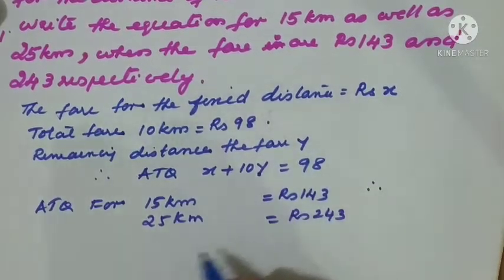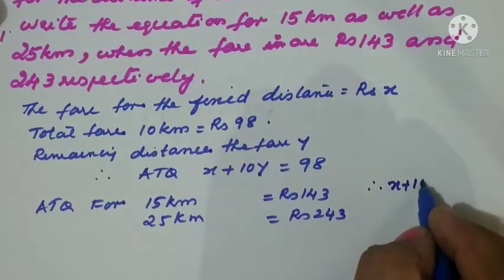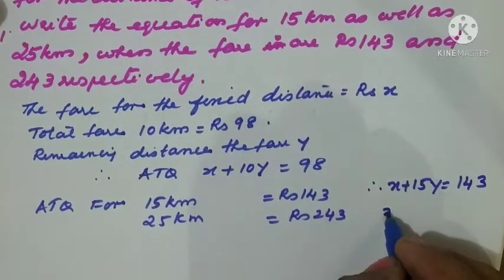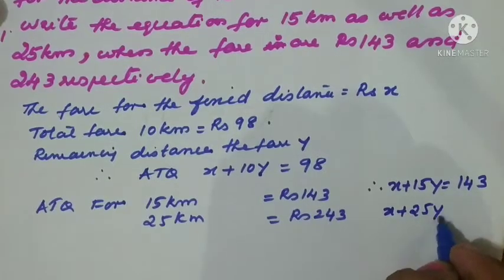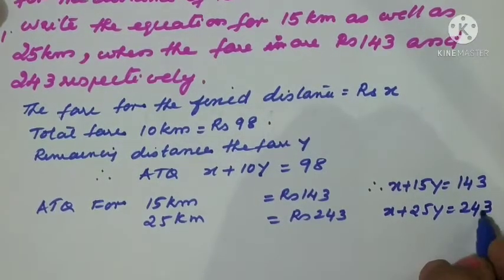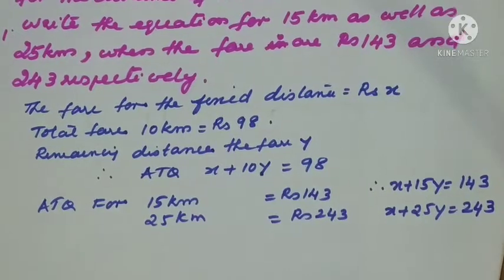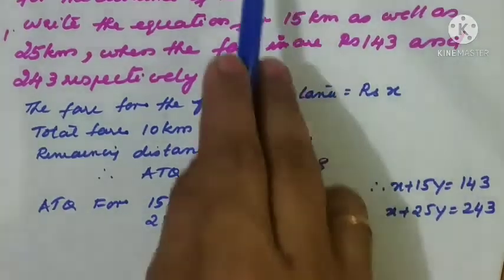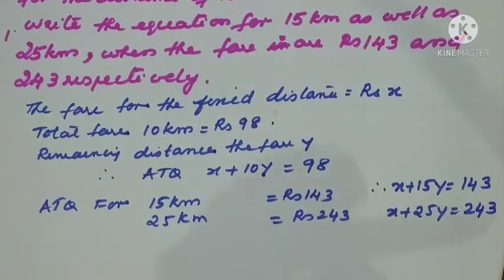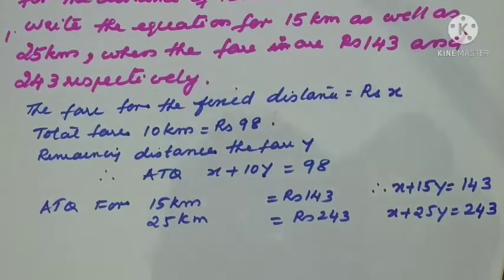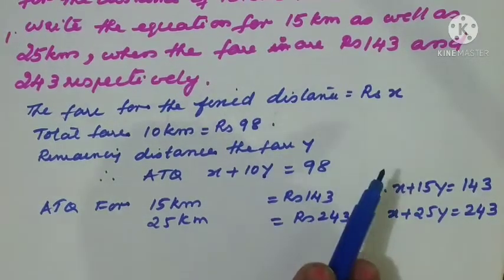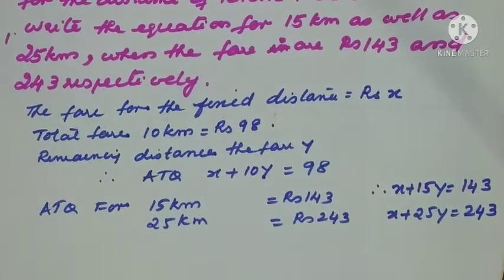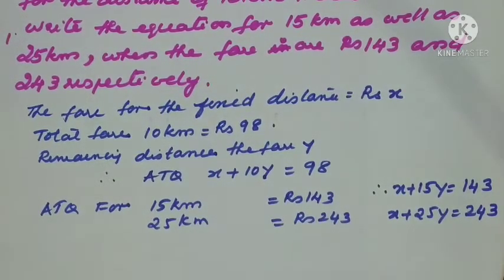Therefore, the equations are x plus 15y equals 143, and x plus 25y equals 243. It is clearly given that there is a fixed cost, x, and the rest is for the distance covered. So 10 kilometers means 10y, 15 kilometers means 15y, 25 kilometers means 25y. So respectively we got the equations.